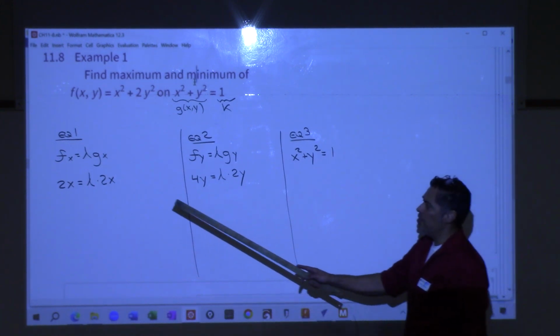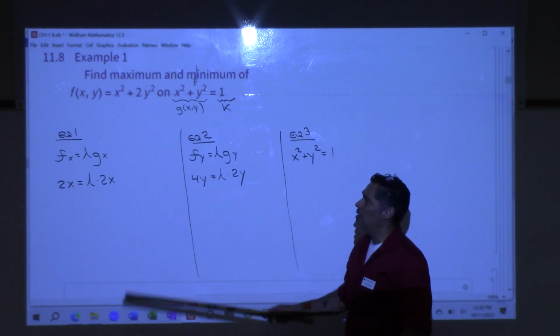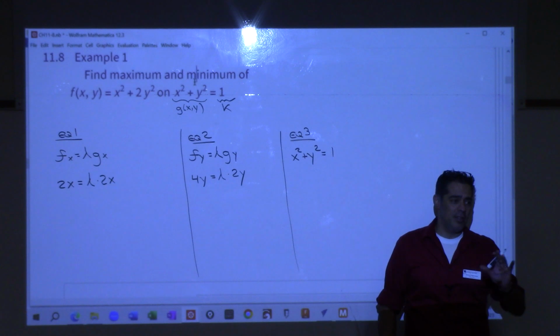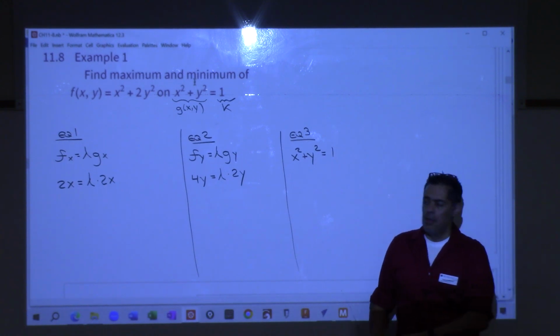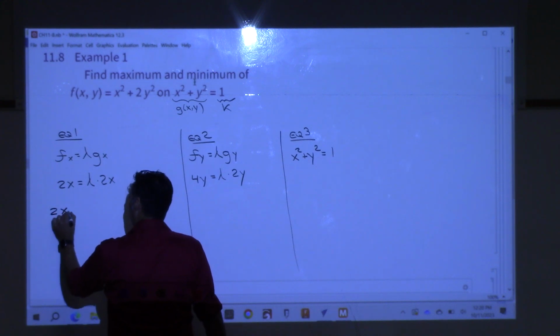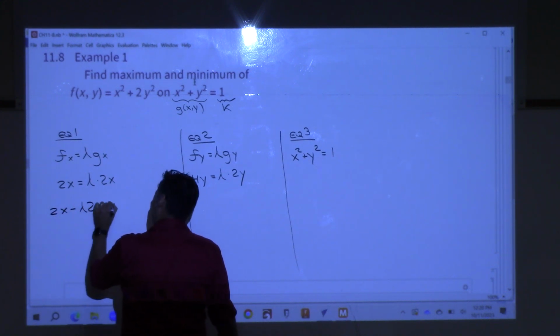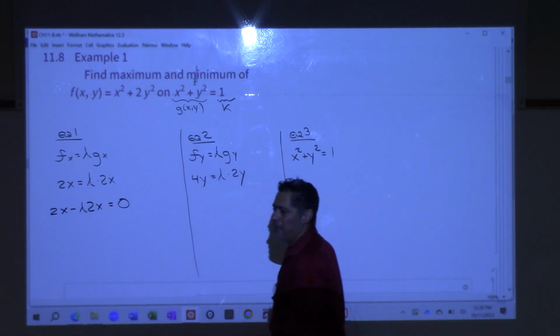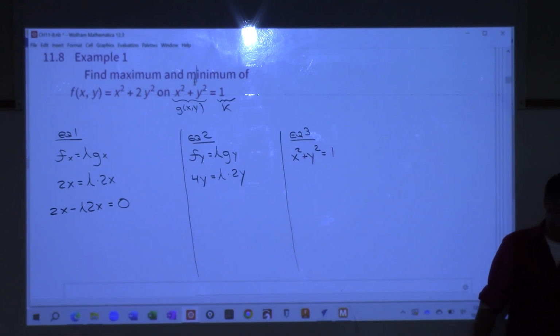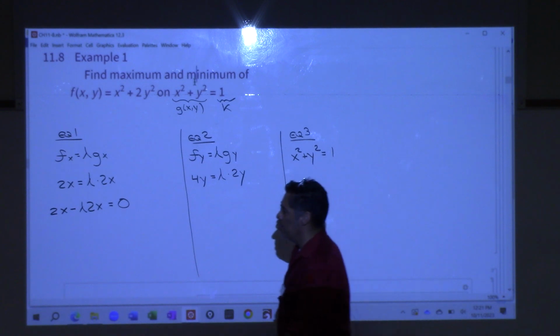So I don't ever want to divide by a variable unless I explicitly tell you, hey, look, I'm telling you x is not 0, now let me divide. I'm going to avoid that by doing this. I'm going to move the lambda 2x to the other side of the equation by just subtracting it. And now I'm going to factor a GCF out of the left.